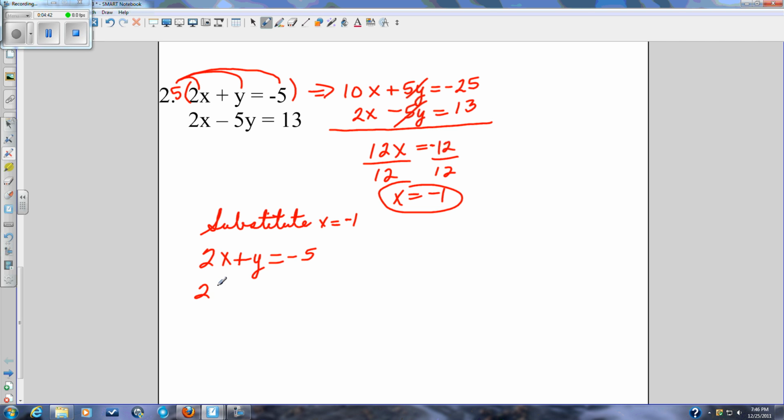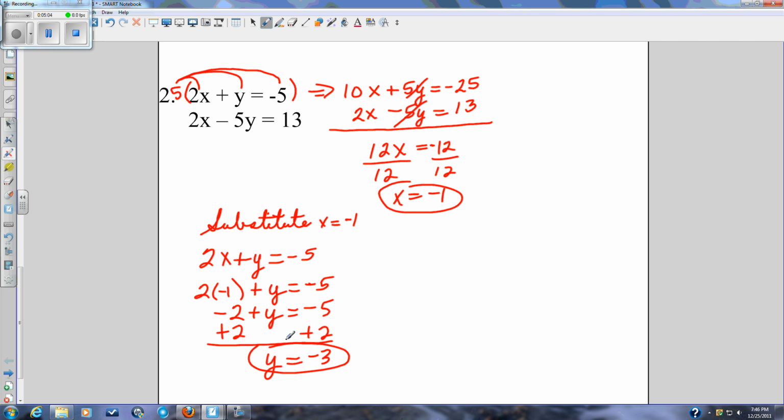So I'm going to have 2 times negative 1 plus y equals negative 5. So I have negative 2 plus y equals negative 5. We want to add 2 to each side, and we have that y is negative 3. So our ordered pair is negative 1, comma, negative 3.